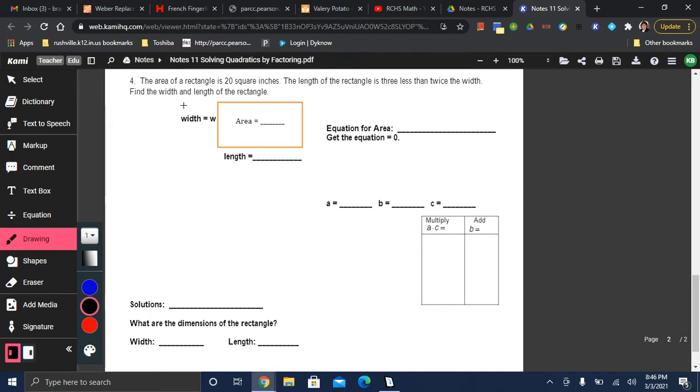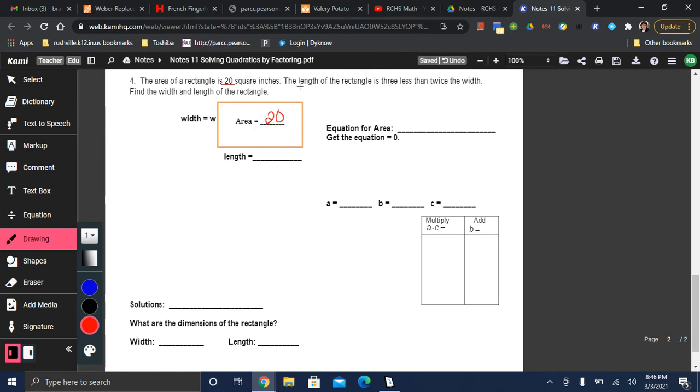So we read it. It says the area of a rectangle is 20 square inches. So notice that I've drawn a rectangle and I have a statement area equals. And so I could go ahead and put 20 since it's 20 square inches.